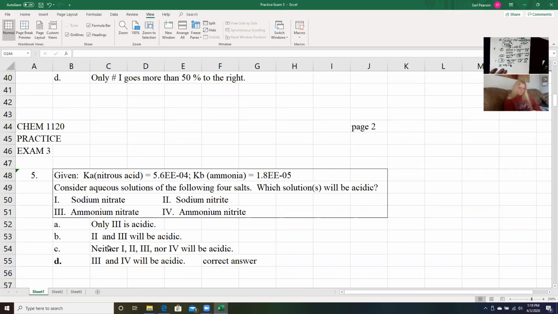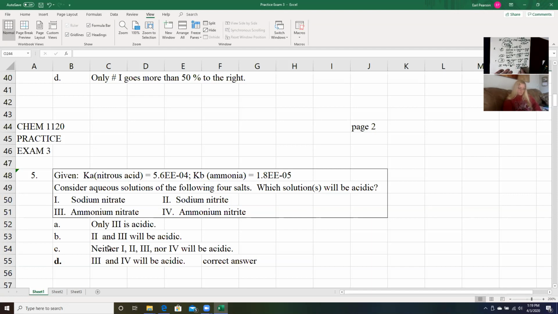Now, both of these can hydrolyze, but how would you make it? You'd make this from NH3 and HNO2. This is a weak base and this is a weak acid. So which one is stronger? The Kb for the base is 1.8 times 10 to the negative fifth. The Ka for the acid is 5.6 times 10 to the negative 4.